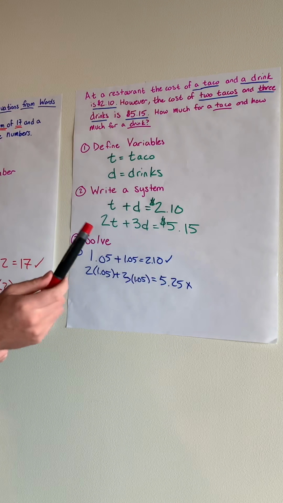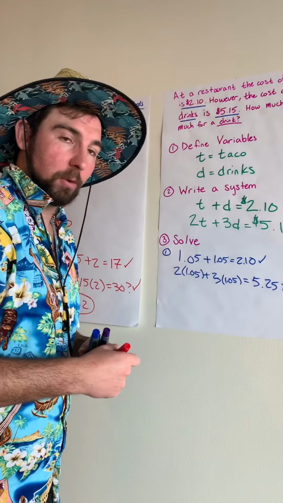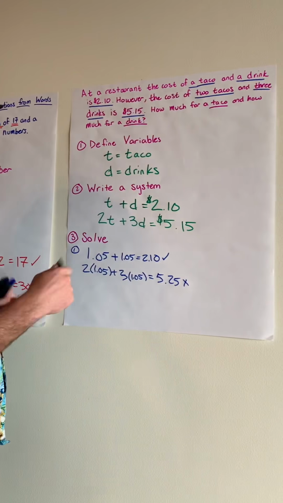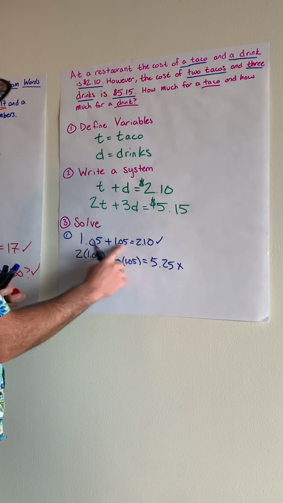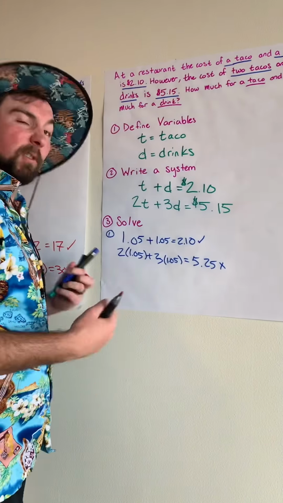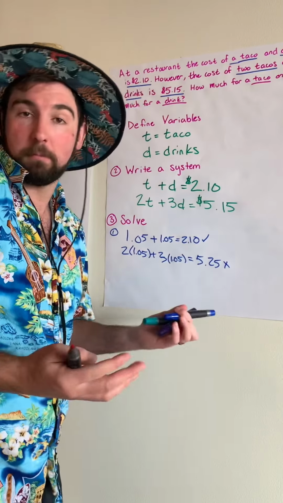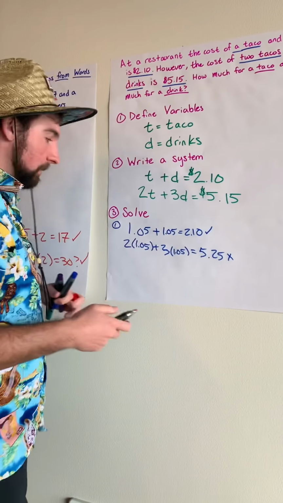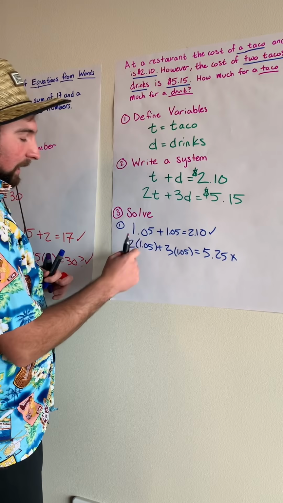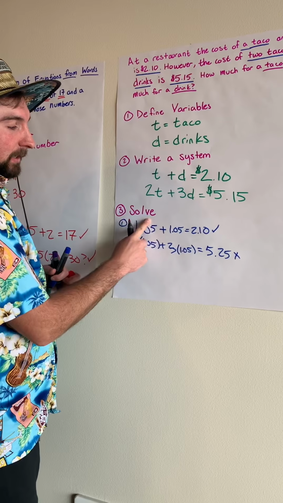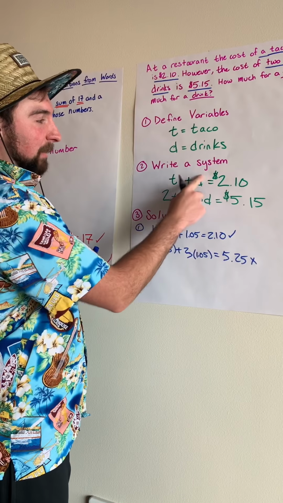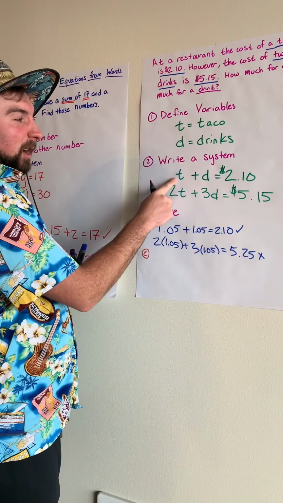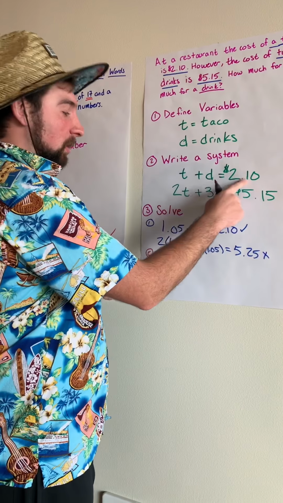I'm gonna do my next guess in red for guess 2. I think we're just gonna make the tacos more expensive and the drinks less expensive, because food's more expensive than drink. Maybe, I don't know, we'll see. So I'm gonna make my tacos $1.10 and my drinks $1, because $1.10 plus $1 is $2.10.